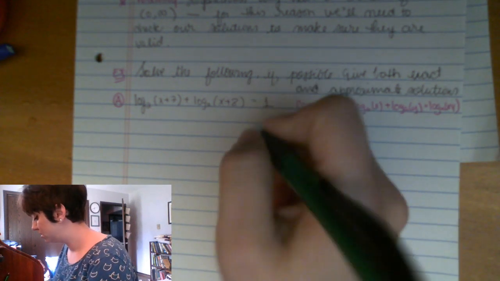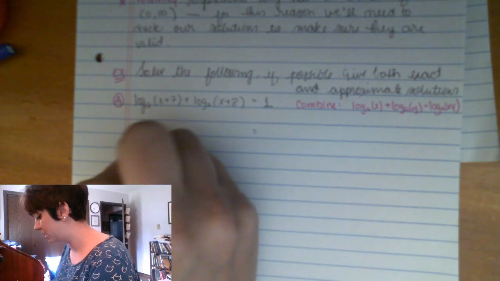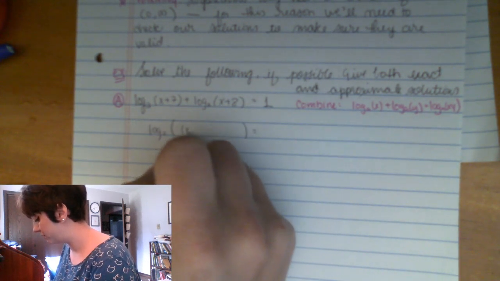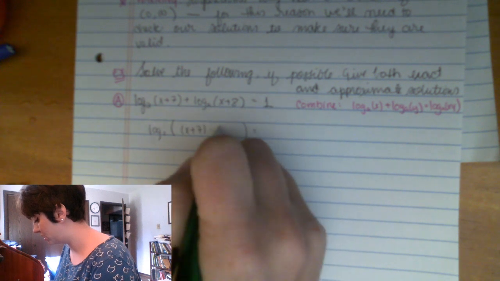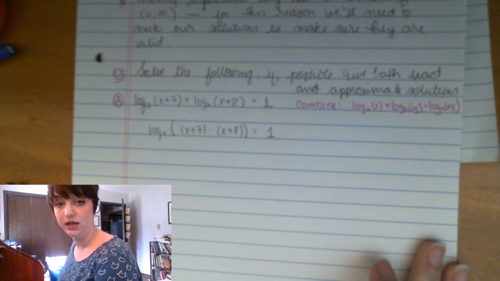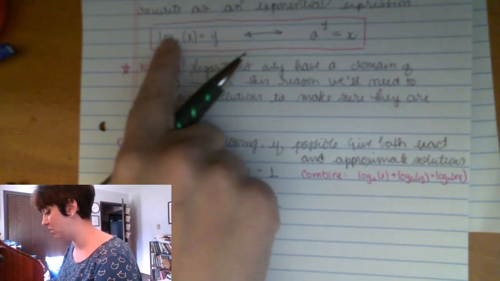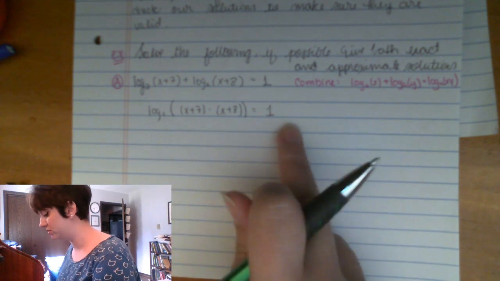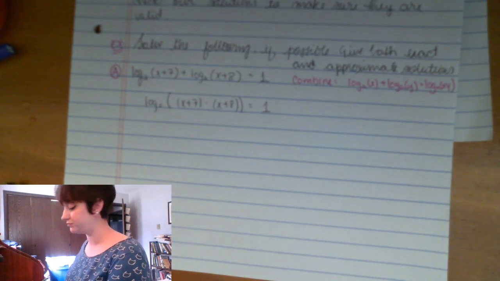Okay, so I actually have log base 2 of the first argument times the second argument equals 1. And now we have log equals number, and I'm going to rewrite it.